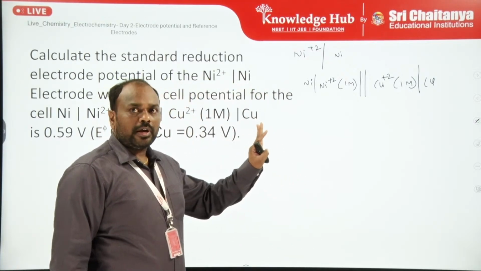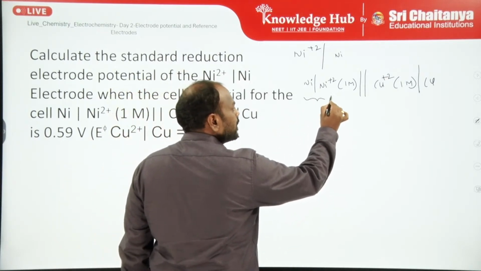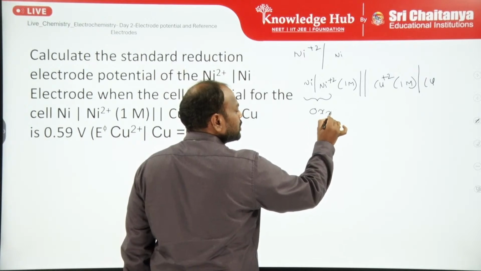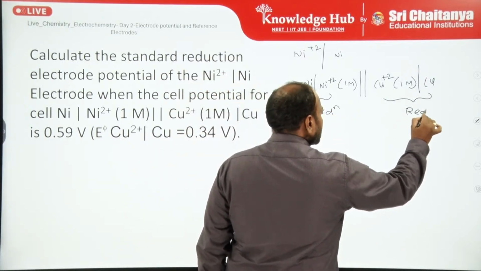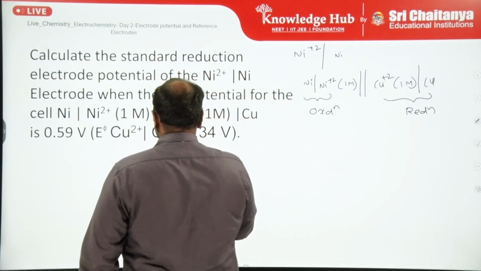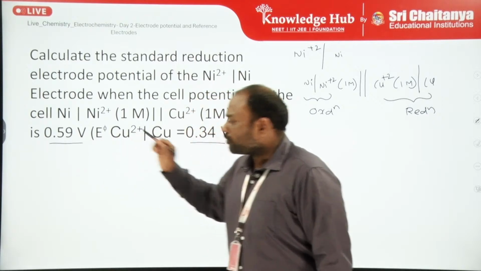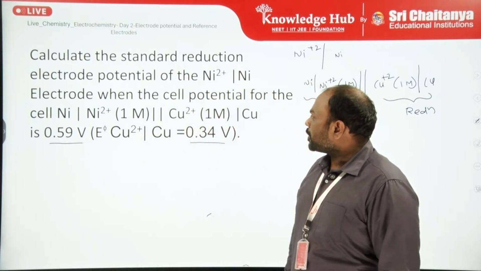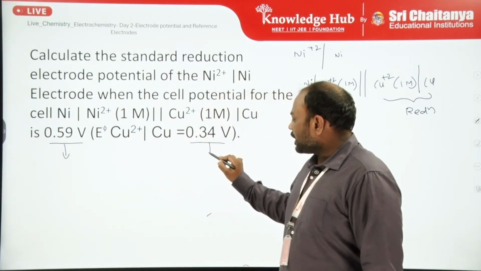First of all we have to write the overall reaction. The left side reaction is always which one? Oxidation reaction. The right side reaction is a reduction reaction. Even though the electrode potential values are given, based on the electrode potentials, here 0.59, here 0.34.